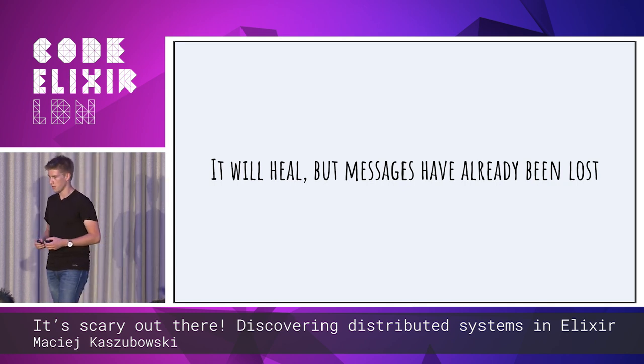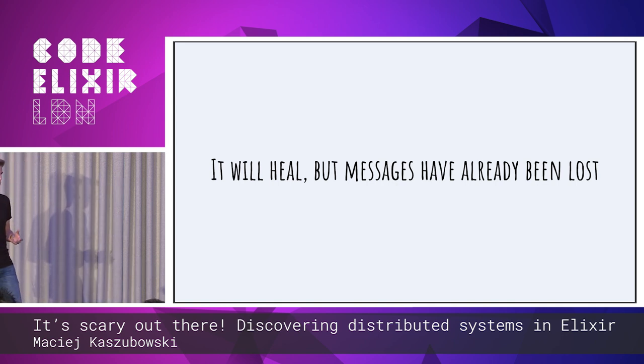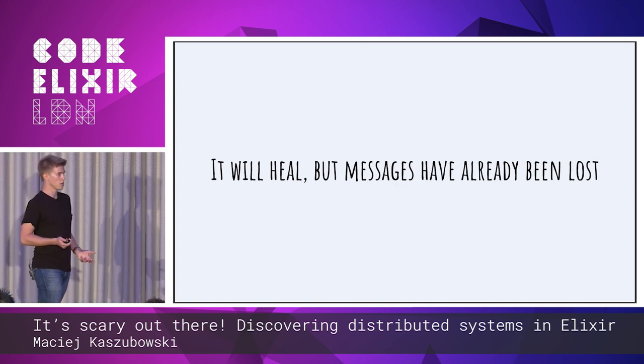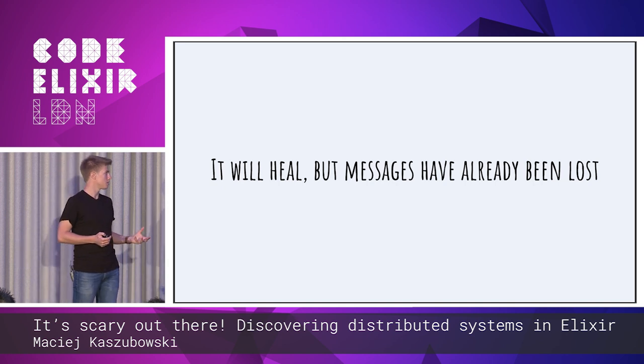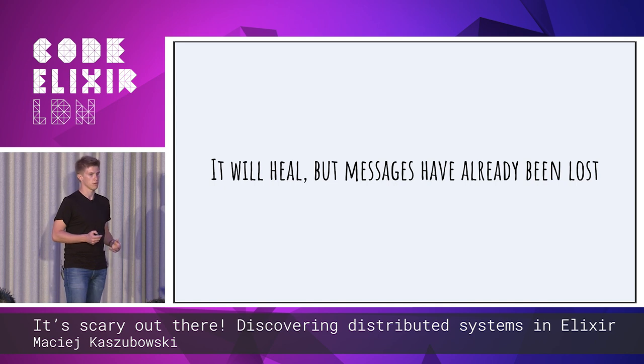So if you are, for example, creating a chat system, or if you are relying on the information from Phoenix Presence, and you want to know whether the user is online or not, you have to remember that this information can be stale, messages can be lost, and you have to deal with that.